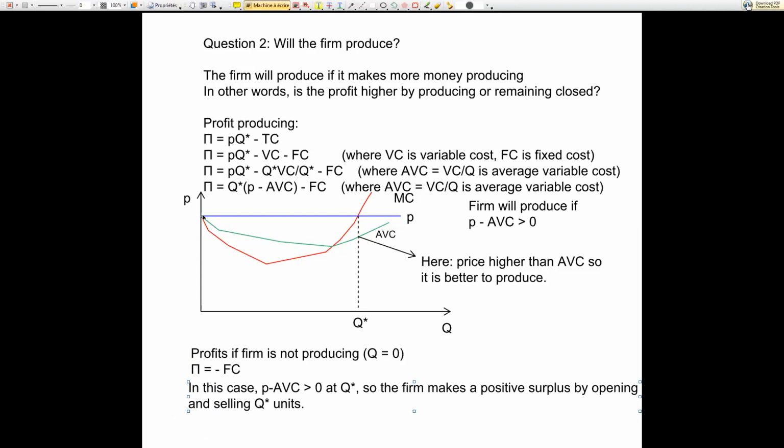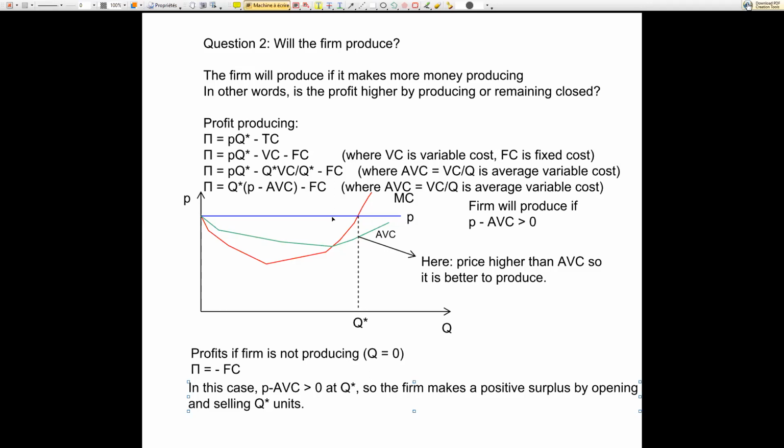Well, yes, we know that if the market price is this price there, then the quantity produced is this. And if the market price becomes too low, at some point it will be under the average variable cost, and the firm will decide to not produce. So what is then the link between the price and the Q star?